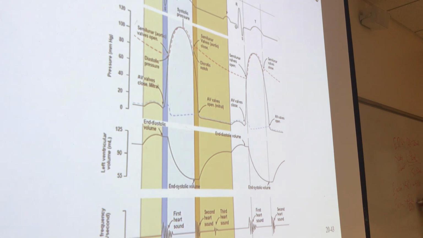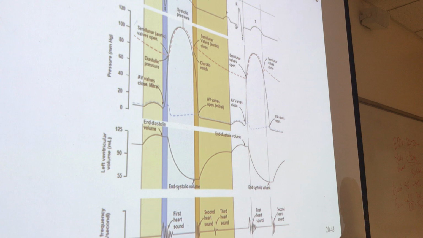Your stroke volume, 70 mLs. Your diastolic volume, 120 mLs. So what do you get? About 54%. That's it. If you think about it, 54% is a terrible fraction, right?